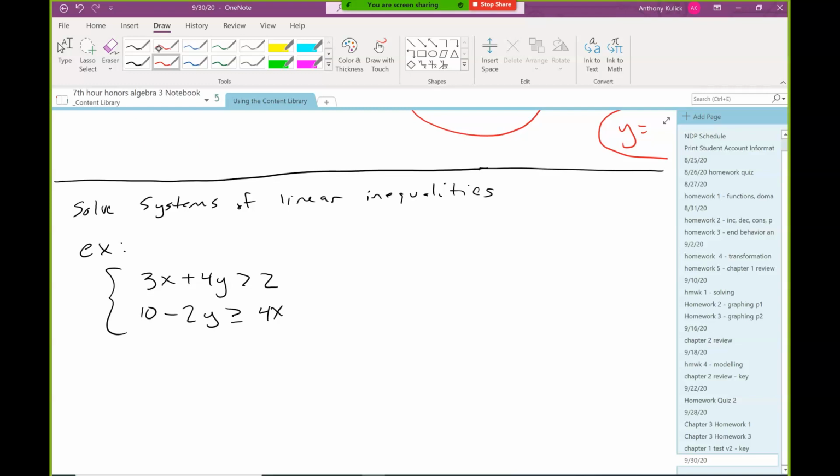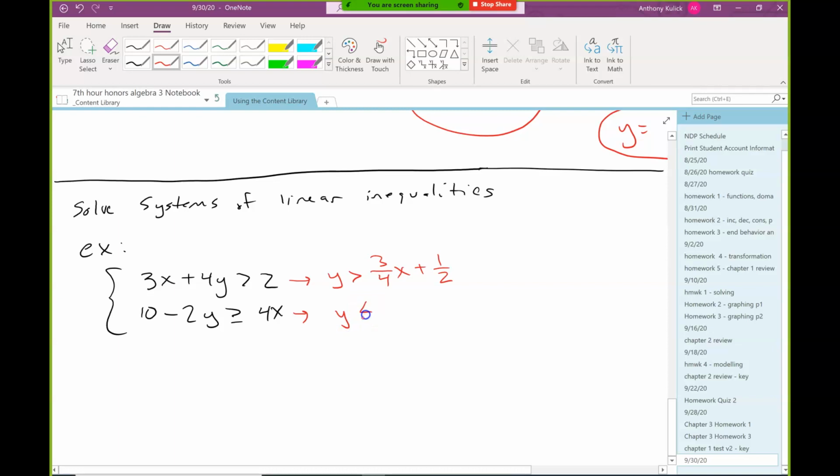So the first thing I'm going to do is rearrange these so I can get them into slope-intercept form. The first one, we'll subtract 3x and then divide by 4. And the second one, we'll subtract 10 and then divide by -2.